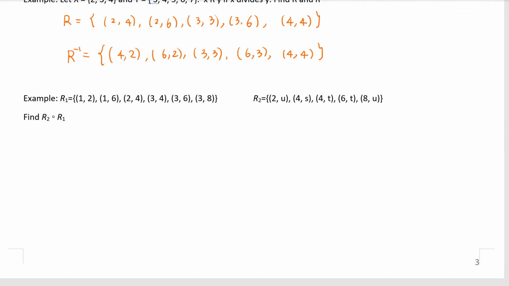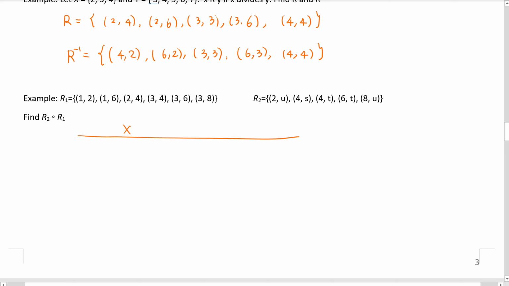We have R1 is {(1, 2), (1, 6), (2, 4), (3, 4), (3, 6), (3, 8)}. In this case, it's better to draw a table. Let me draw a table.